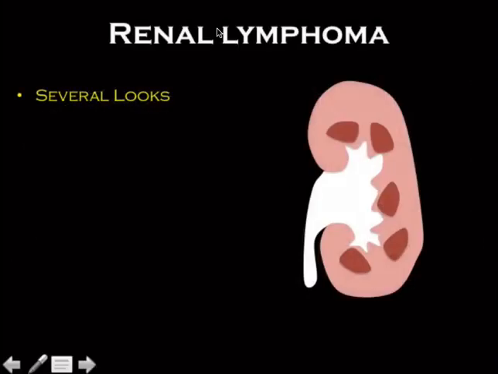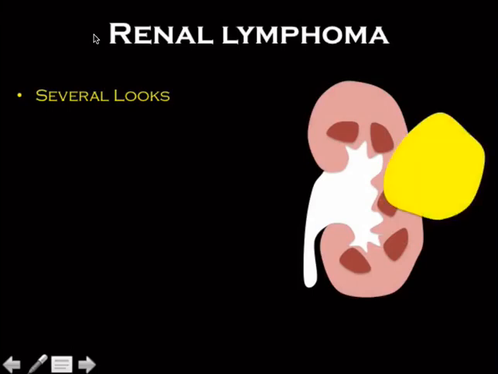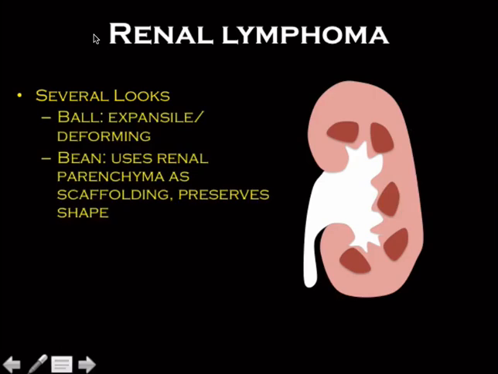So this is renal lymphoma. Renal lymphoma can look like a lot of things. It basically comes in 2 main categories. You can have a ball type that grows exophytically, creating a contour deformity, and then you can have a bean type that uses the renal parenchyma as a scaffolding and grows. It may enlarge the kidney, but the shape is typically maintained.